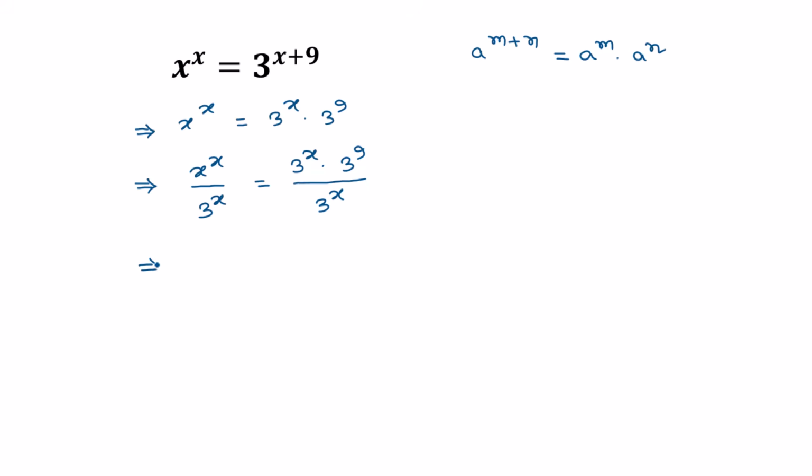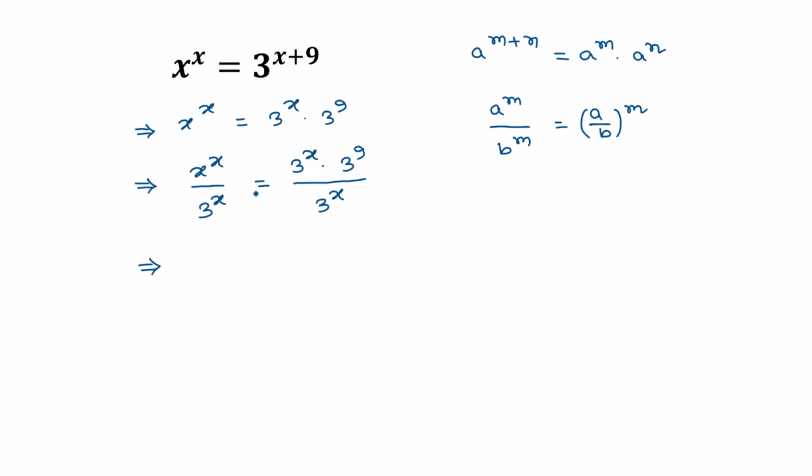Now applying this exponential formula to the left side, a to the power m over b to the power m can be written as a over b whole to the power of m.